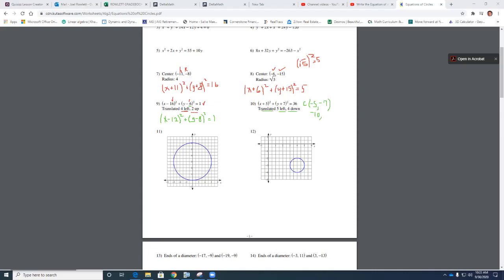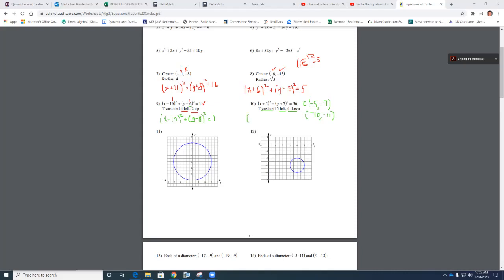And right now the y value is sitting at negative 7. And if we go 4 down, negative 7 minus 4 more is negative 11. So this is going to be the center after we translate. So what would that formula be?